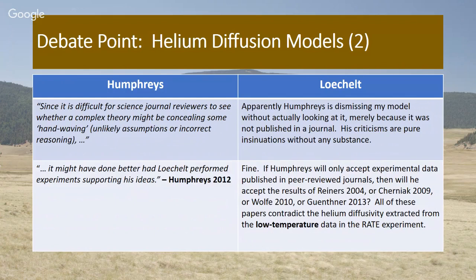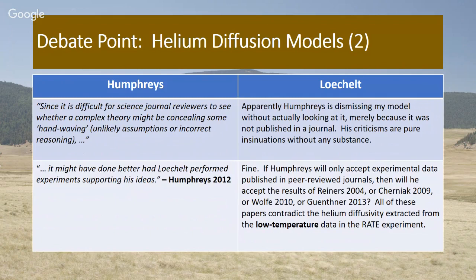And the final point, it might have been better had Loechelt performed experiments supporting his ideas. Well, the simple fact of the matter is I don't have the experimental resources to perform these experiments. But if experimental data is what we want to be judged upon, then why can't we just go to the literature and accept the results of Reiners 2004, Cherniak 2009, Wolf and Stockley 2010, Gunther 2013.